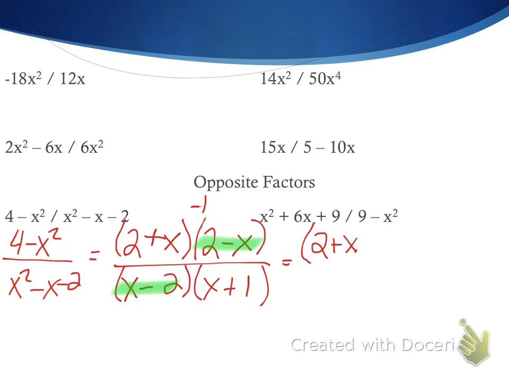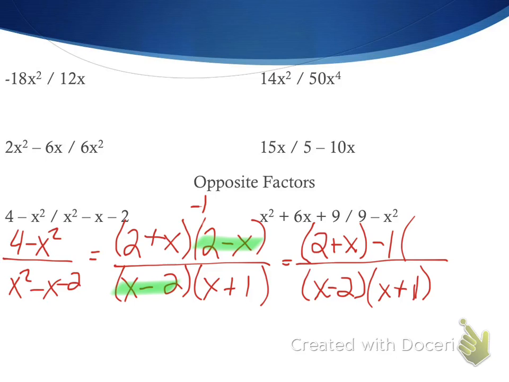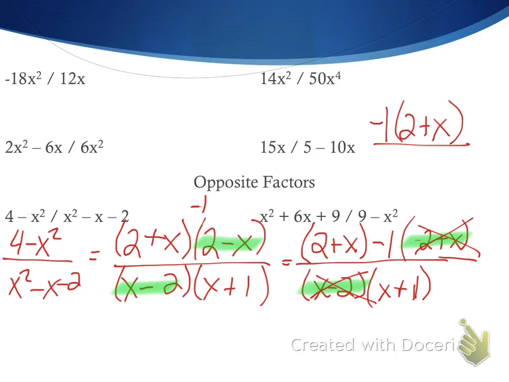So 2 plus x on top, and on the bottom I have x minus 2 and x plus 1. Again, I'm going to factor out a negative 1. That'll just change the signs, so it'll be negative 2 plus x. Now these two are exactly the same, negative 2 and positive x, so they cancel each other out. And all I'm left with on the top is negative 1 times 2 plus x, divided by x plus 1.